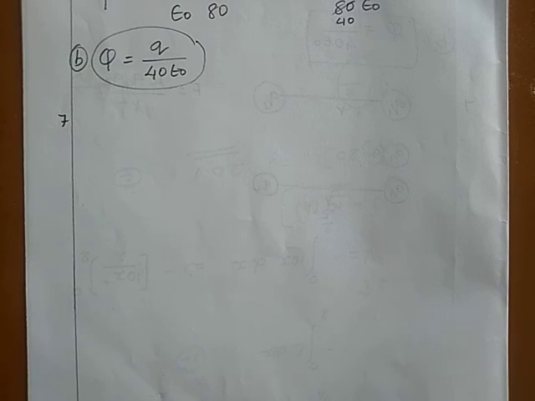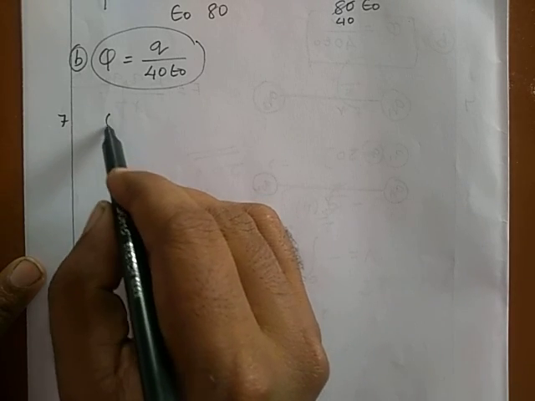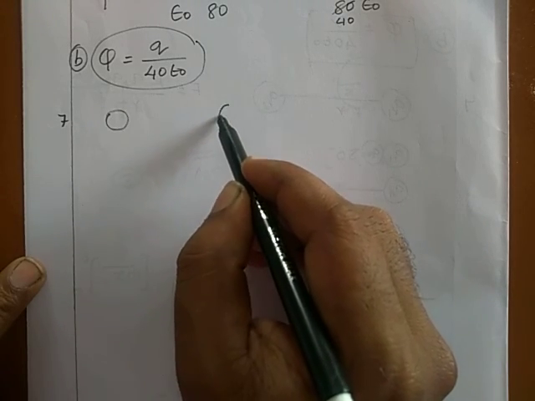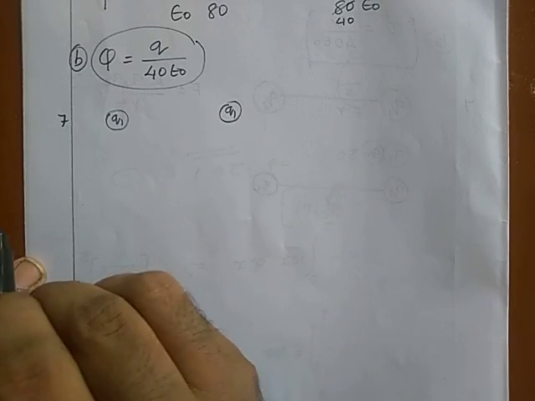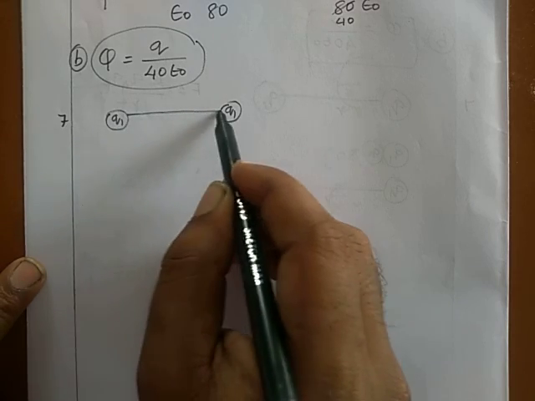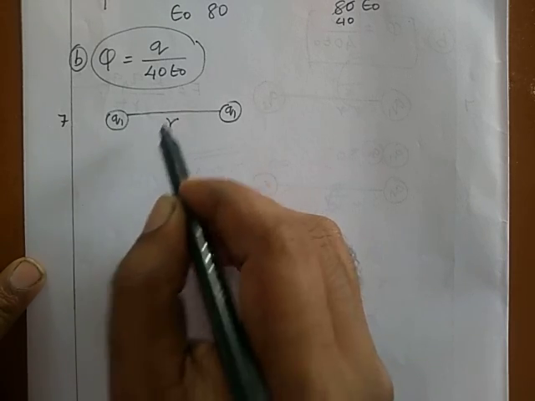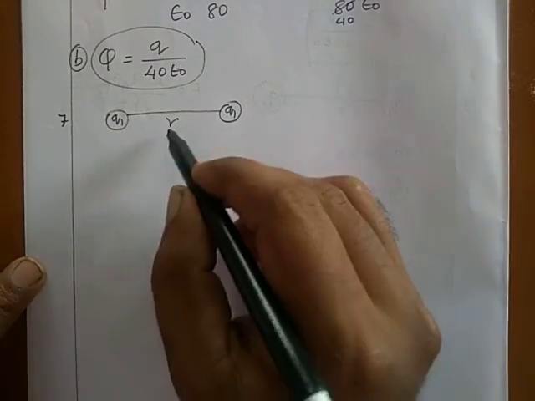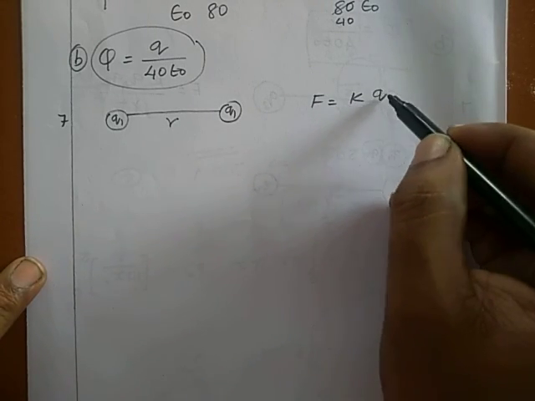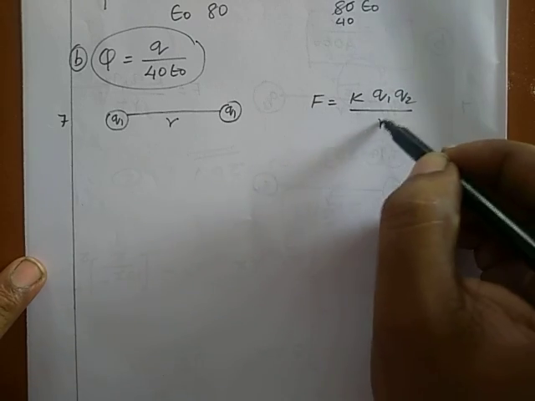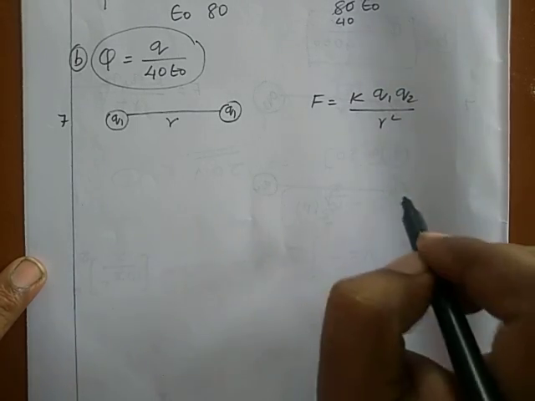Here the situation is two identical conducting balls having positive charges Q1 and Q2 separated by a center to center distance R. For this case the force experienced by the charges, that is F, is equal to K Q1 Q2 by R square. Okay, we know very well.